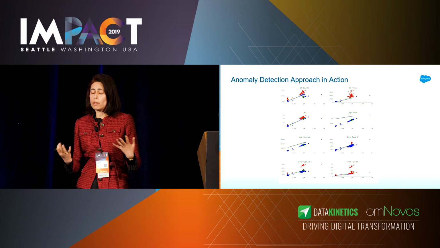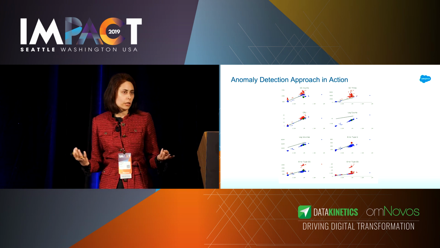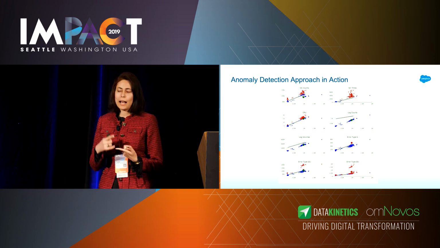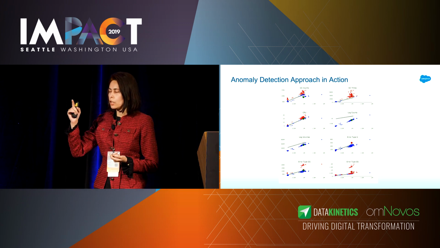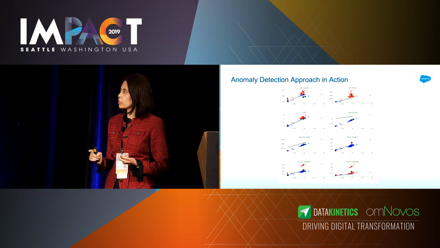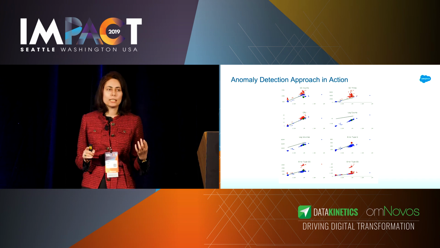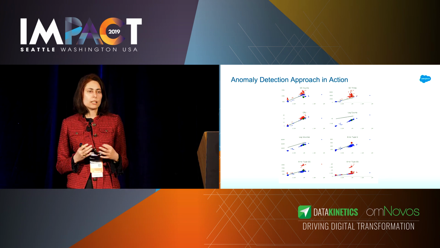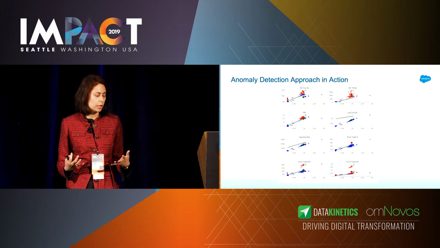So remember the 2 conditions that the solution had to satisfy. It had to run daily. The blue and the red dots that you see here are daily data. The data is being collected every 10 minutes.